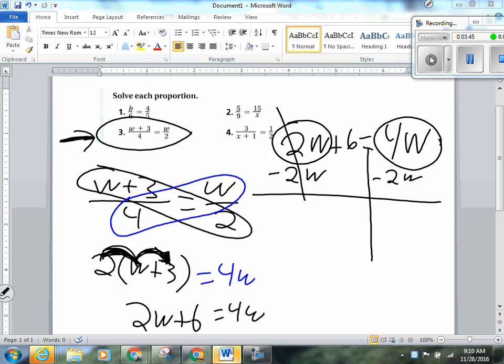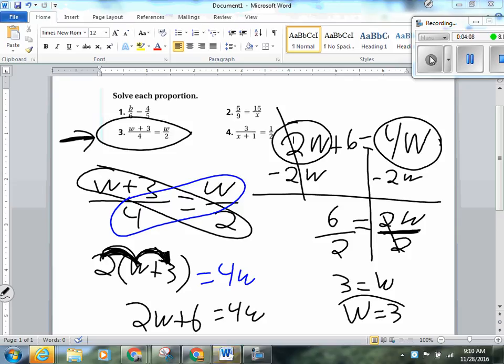Those guys cancel, and I get 6 equals 4 minus 2, 2w. Now we have a number next to a letter right here, so I have to divide them apart, which means I have to divide both sides by 2. I get 3 equals w, and again, rewrite with the letter first. W equals 3.